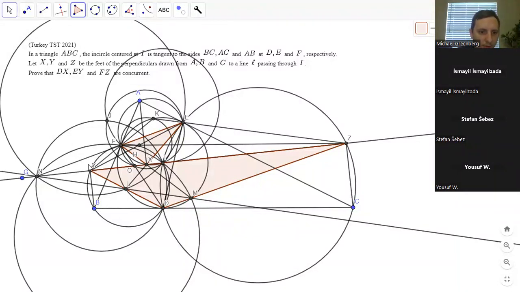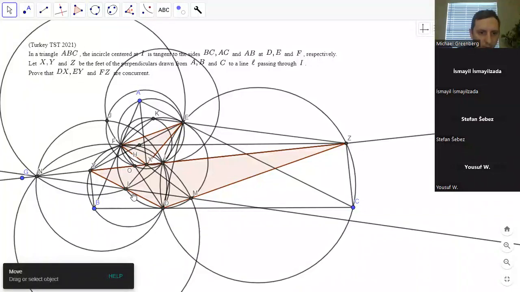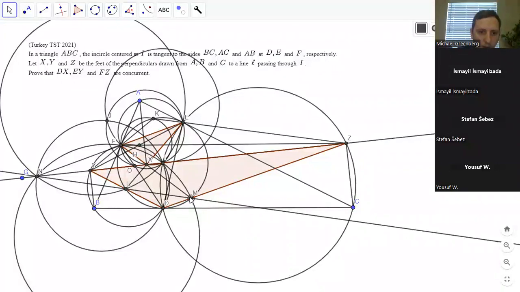So I guess, is it obvious that EF? So first, I think we want to show that L and M lie on the circle, right? And then once we do that, how do we show that these three concur? I think that L is the reflection of F over that line.